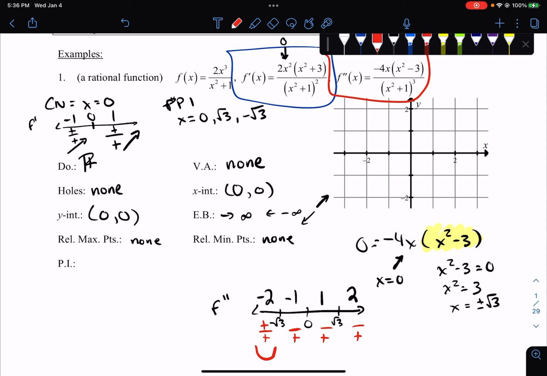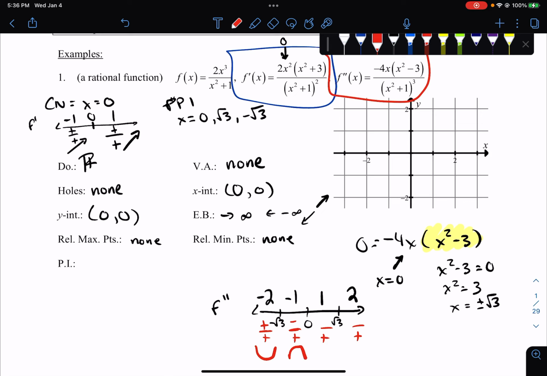Now, if I plug in a negative 1, negative 4 times negative 1 is a positive number, but negative 1 squared is positive 1, minus 3 gives me a negative number. So on top, I get a positive times a negative, which means my top number is going to be negative. So in between negative root 3 and 0, my function is concave down.